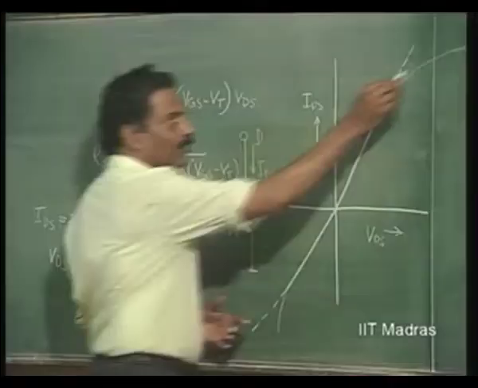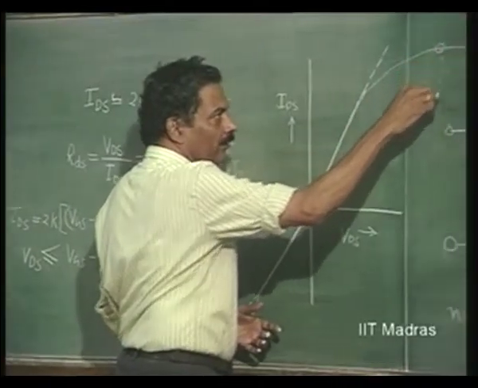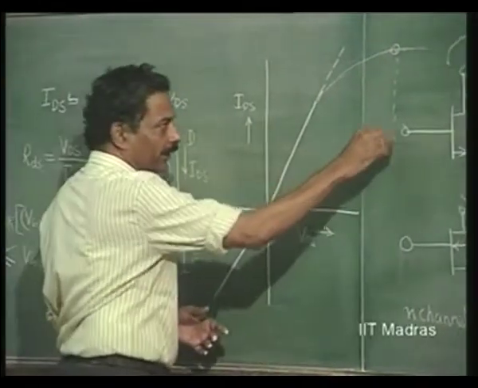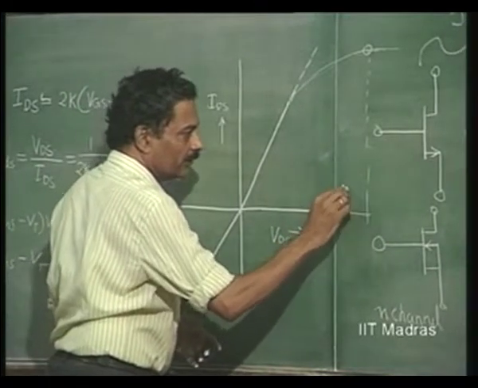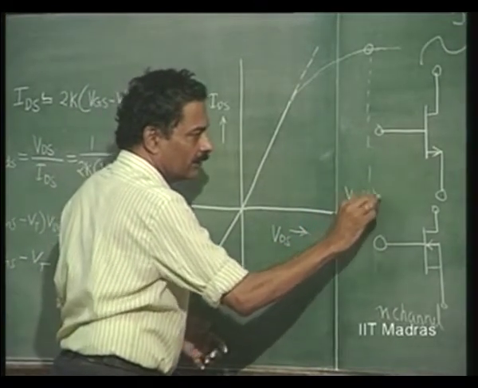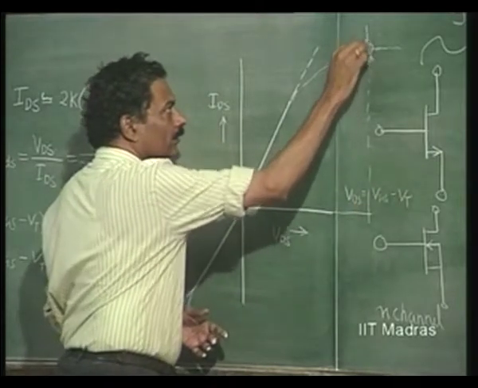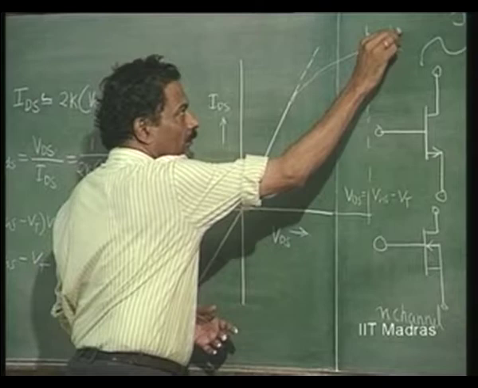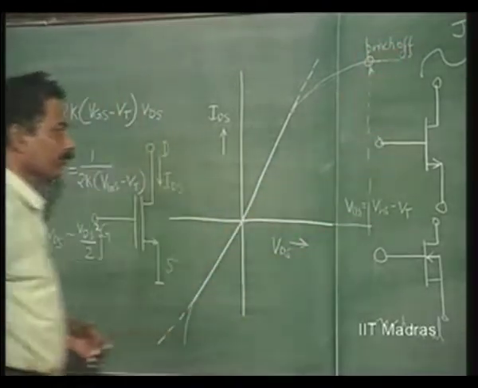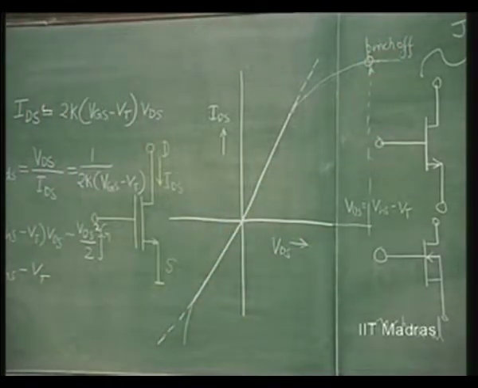That is, this is valid up to this point, and this voltage corresponds to VDS equals VGS minus VT. This equation is valid up to that.